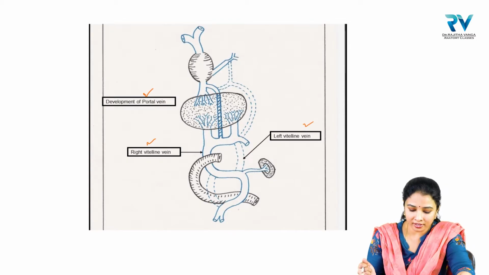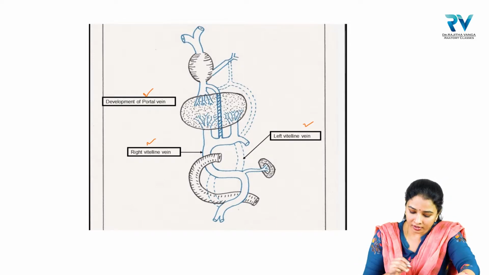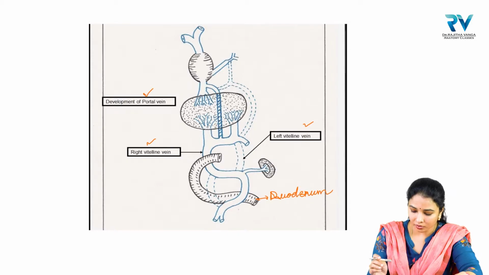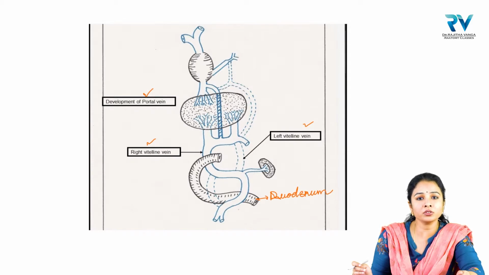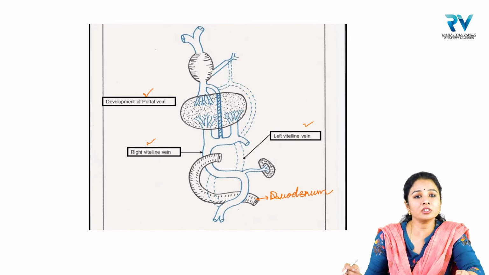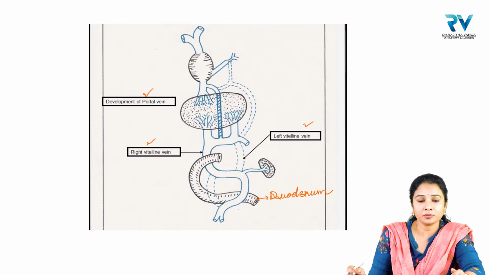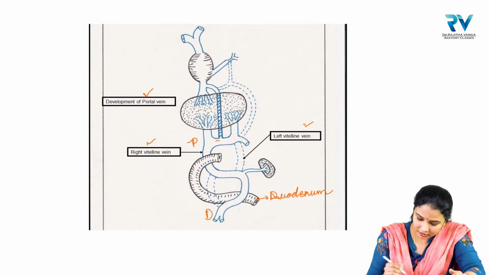And in this embryology chart, we can see the development of duodenum. So this is the developing duodenum. The right and left vitelline veins anastomose at three sites in relation with the duodenum. So there are two ventral anastomoses, this is the proximal and this is distal.